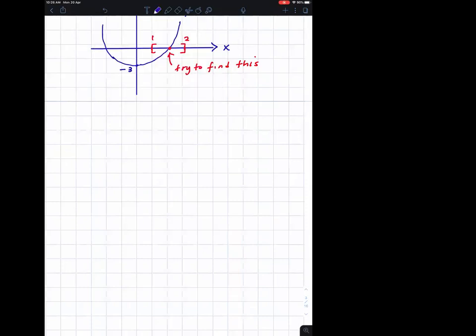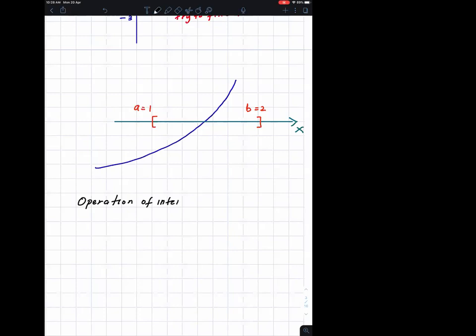Okay, let me just zoom this part. Let's say you have this curve like this. So your A is equal to 1, B equals to 2.